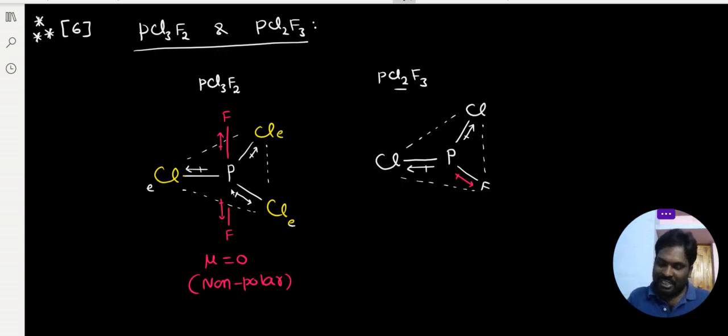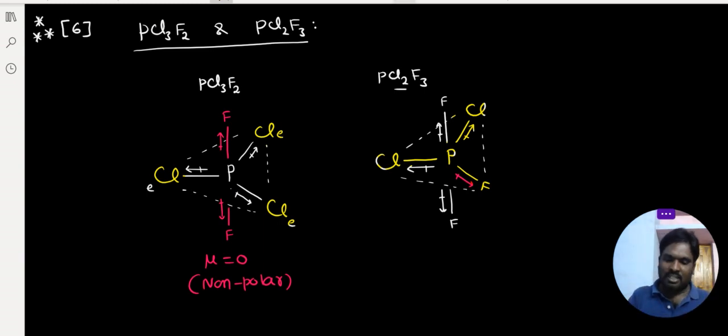Of course, the remaining two fluorine atoms, above and below, are cancelled. But in the trigonal position, these are not cancelled, because fluorine and chlorine have different electronegativity and different bond polarity strength.